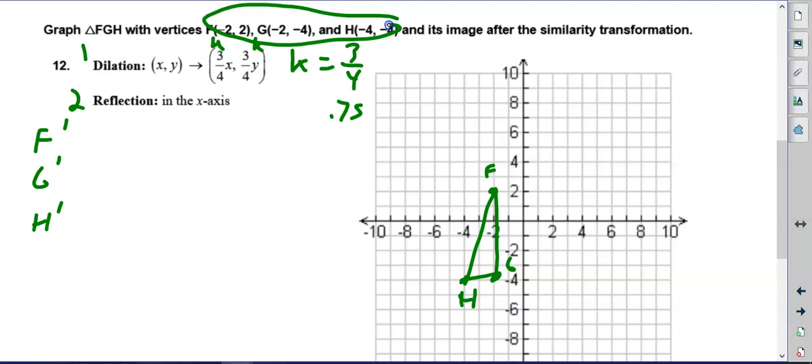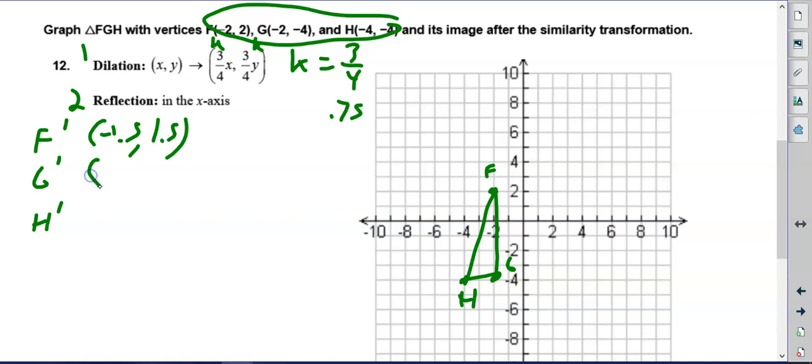Okay? So if you take your calculator and take negative 2 times 0.75, you get negative 1.5. And if you do positive 2 times 3/4, you're going to get positive 1.5.